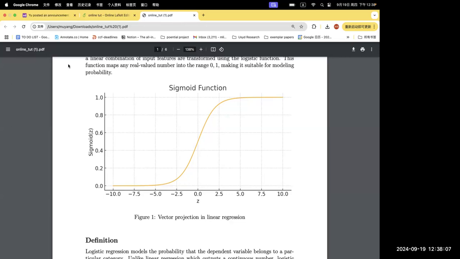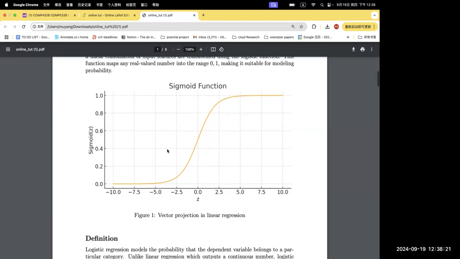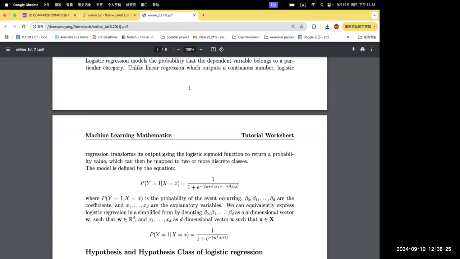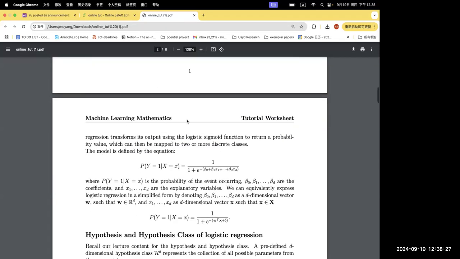But a straight line is only first order differentiable. So that is the reason why sigmoid is better.